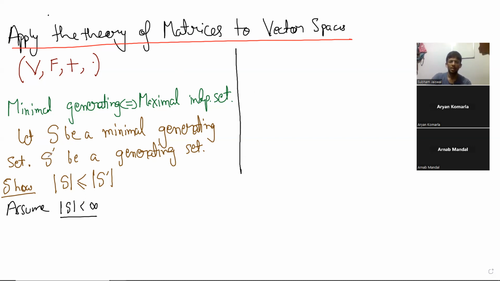So let us see. If you take this element of S prime, you can write this as a linear combination, right?